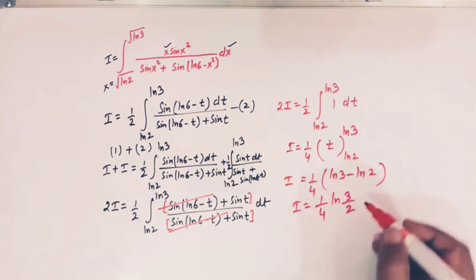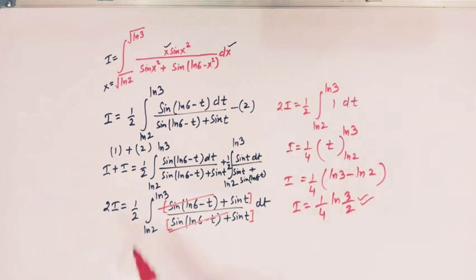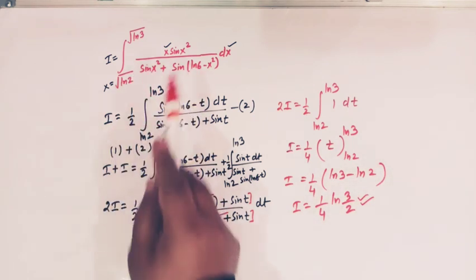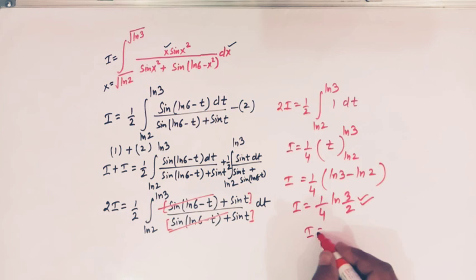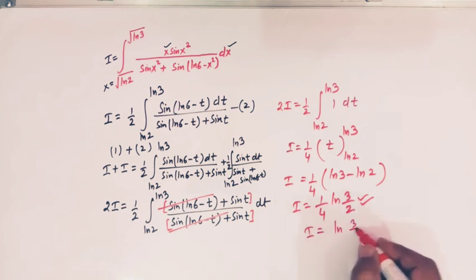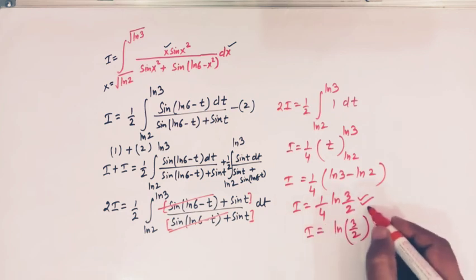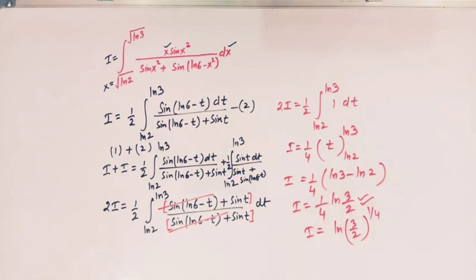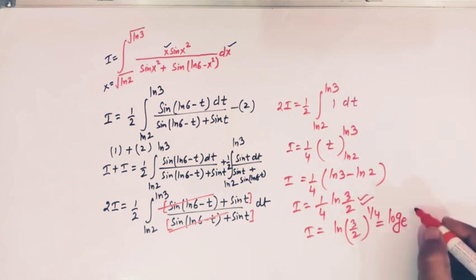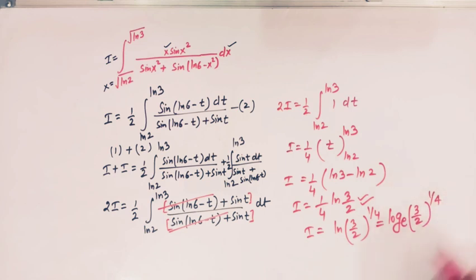This is the final value of the integral, which can also be written as ln((3/2)^(1/4)).